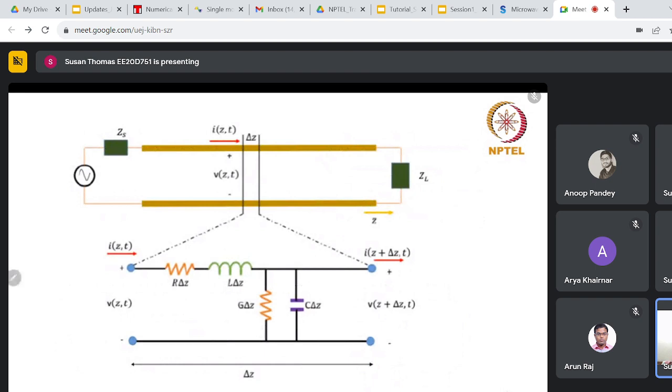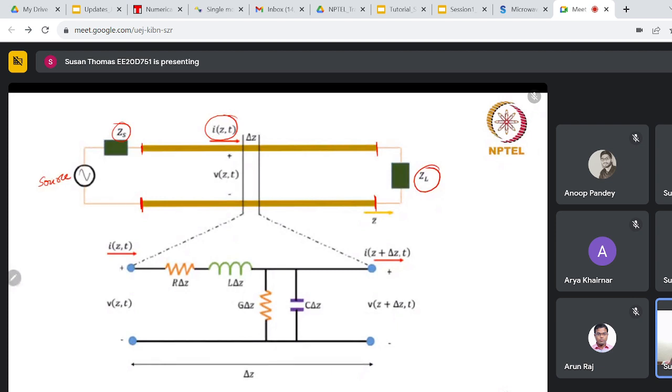This is your source and source impedance, this is your load impedance, and you have a transmission line of some length from here to here. And this is the current at any point on the transmission line at any time. So the current depends on 2 parameters, I(z,t), and voltage is again dependent on z and t. z is the spatial location, t is the time.